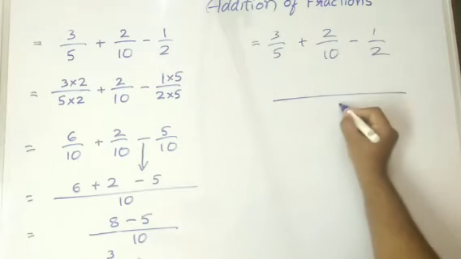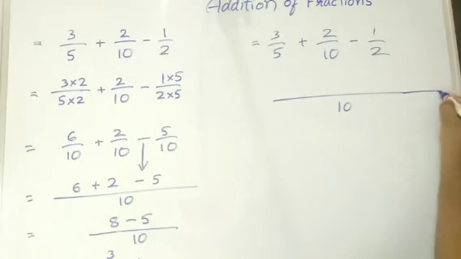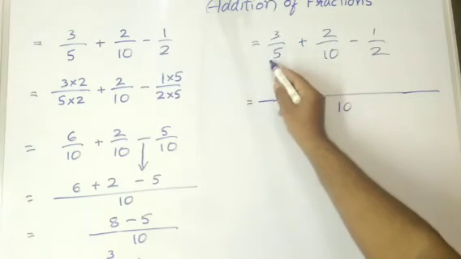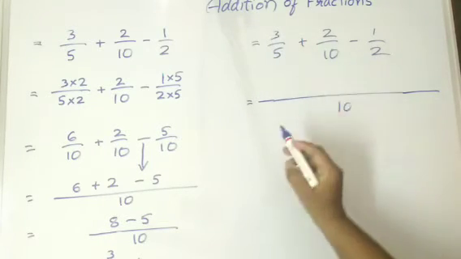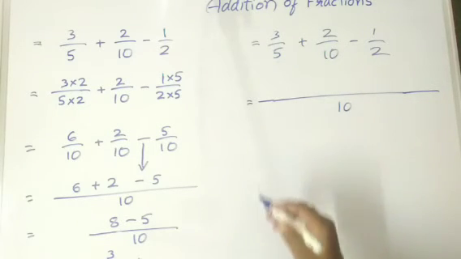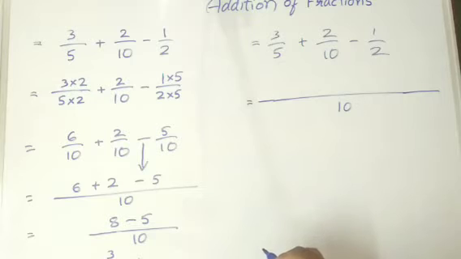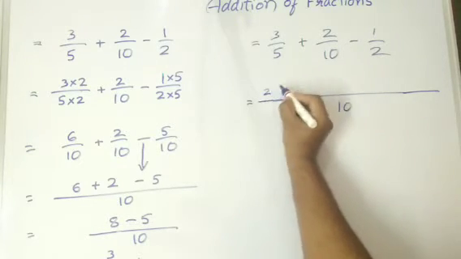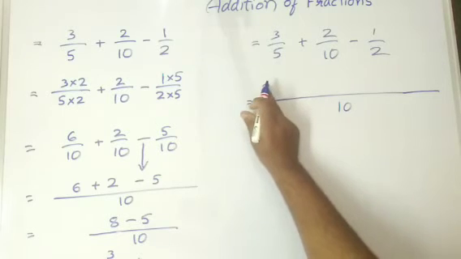LCM is 10. Now the first denominator is there, this denominator. Denominator into what number will become 10, that number you should write there. So the denominator is 5, 5 into 2.